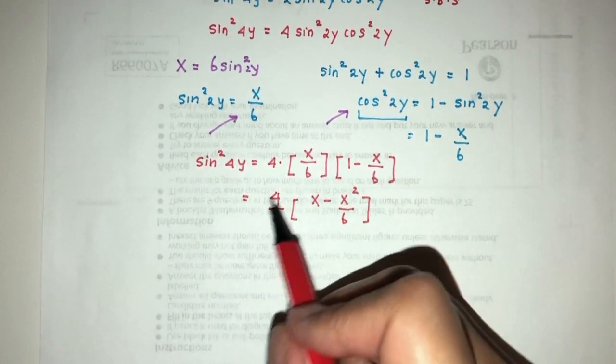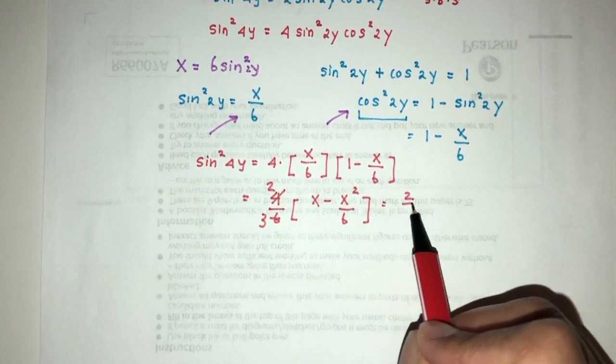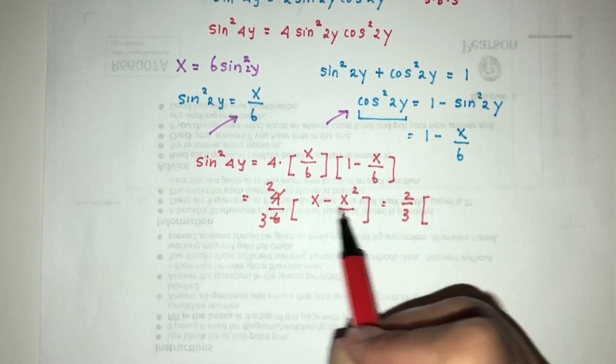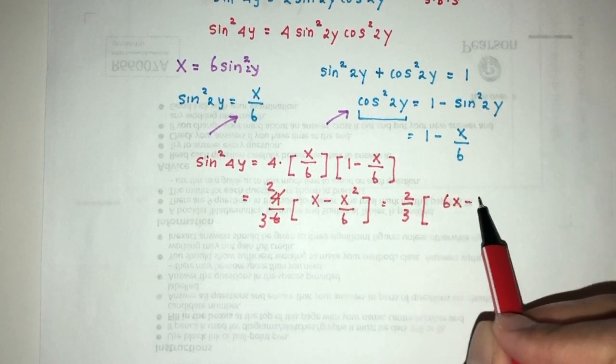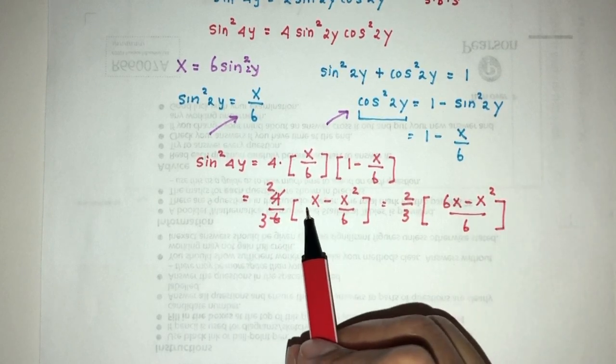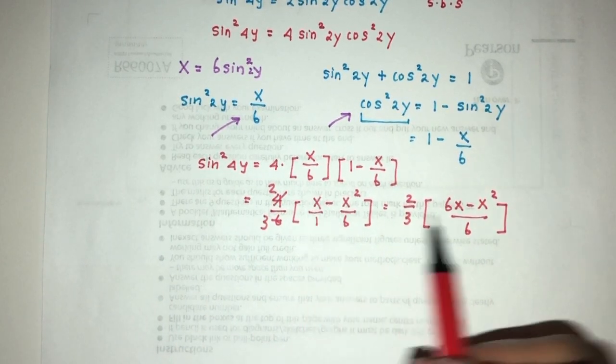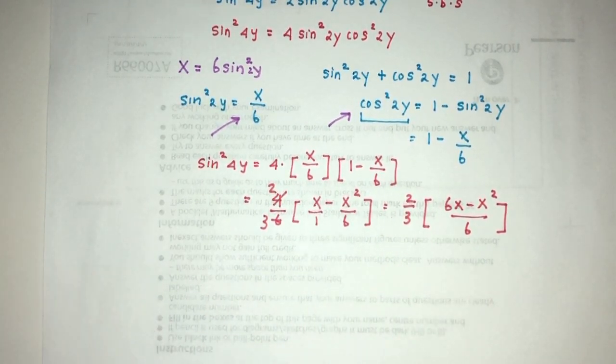Now let's simplify, that will become 2 over 3 times 6x minus x squared over 6. I hope that makes sense, right? If you want to make this the same base, this is 1 here. You multiply by each other, then cross multiply, and you will have this.